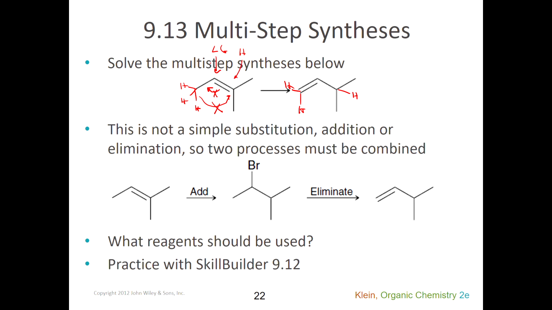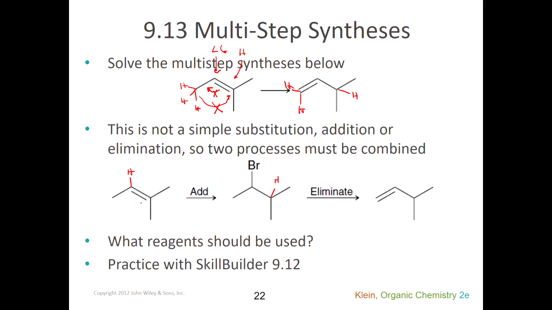Then once I've got the leaving group installed, I can do an elimination and make the pi bond formed at the other site. That'd be the Hofmann product for that reaction. Right, so a two-step process. Addition across a double bond to install a leaving group, and then elimination of that leaving group to make the pi bond. Right, so what reagents do I need to do the addition? Well, in this case, I've already got one hydrogen here. So really I'm trying to add a Br and an H.